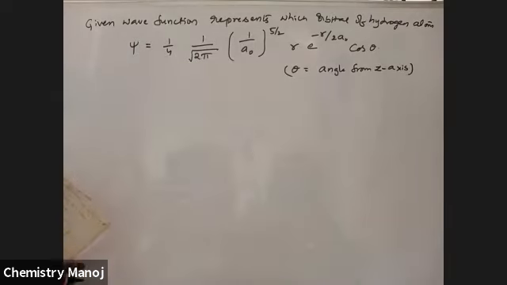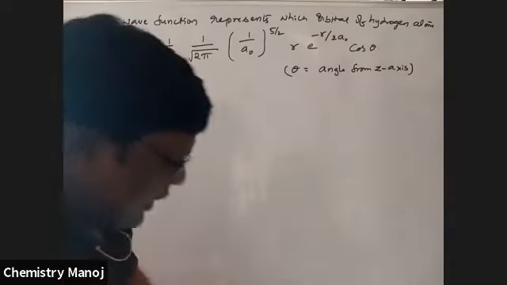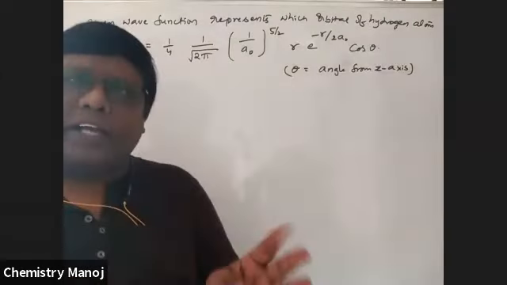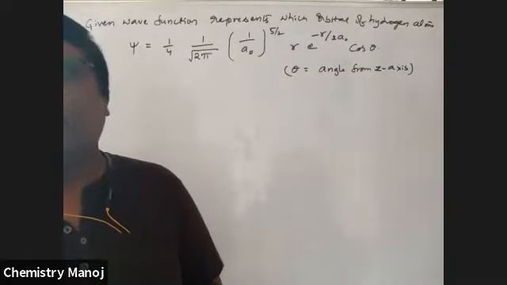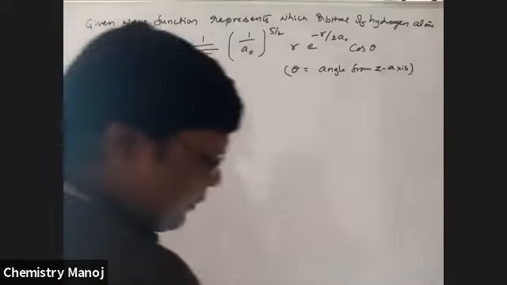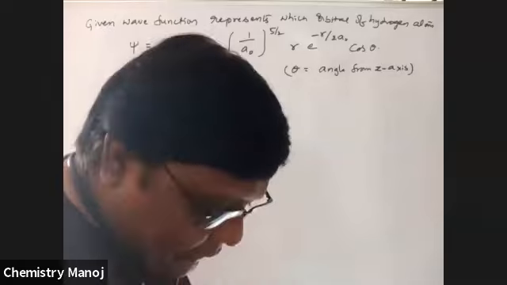So which orbital is it? 1s, 2s, 2p? If it is p, then px, py, pz. Which is the orbital here? Please keep in mind, it is a comparative study only.